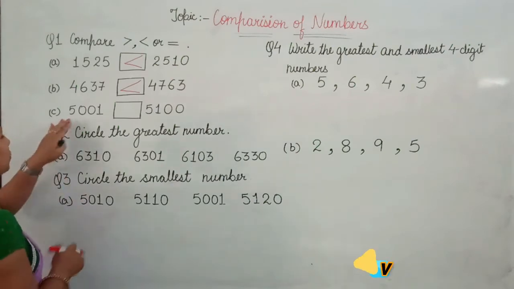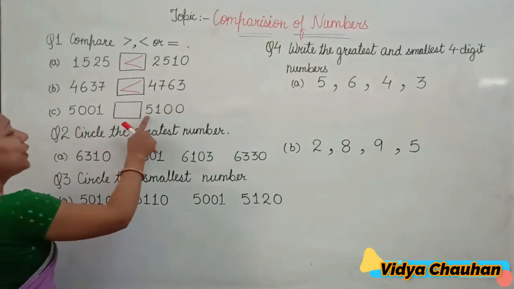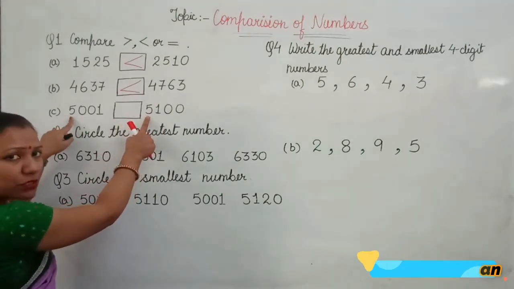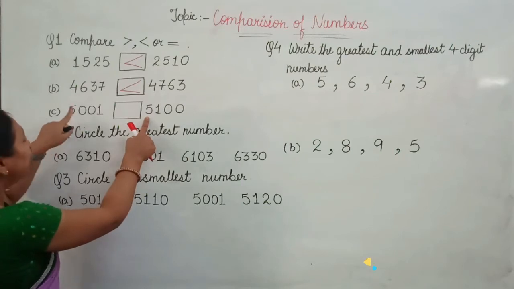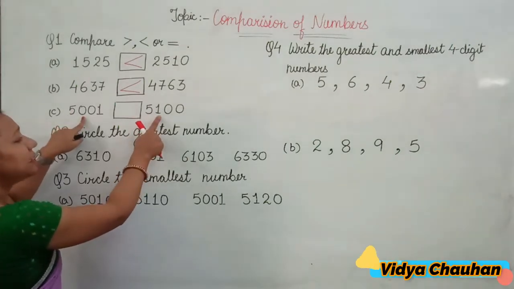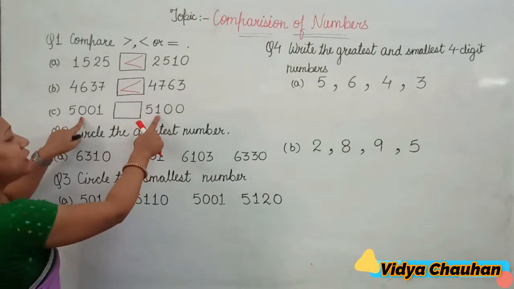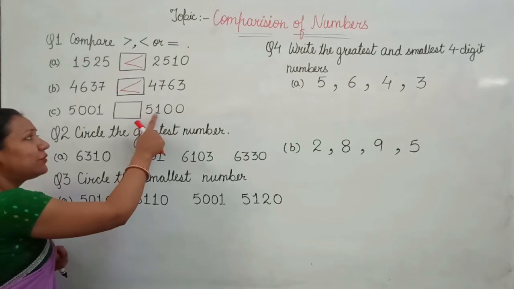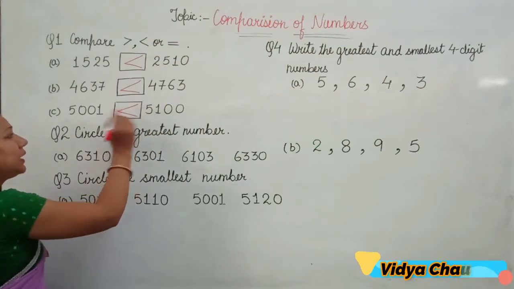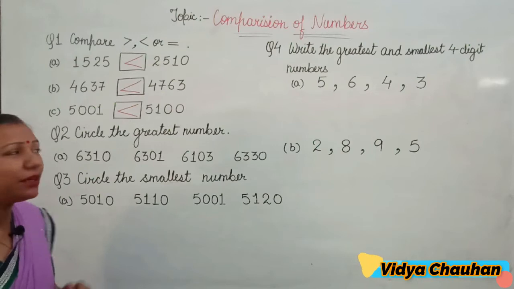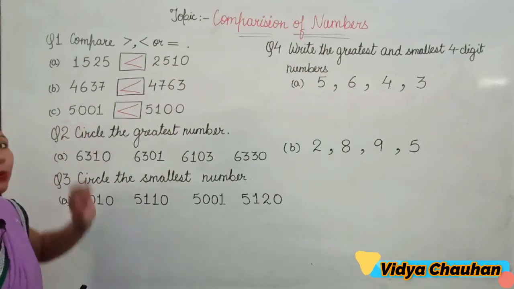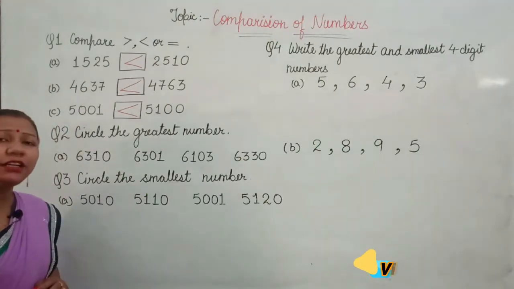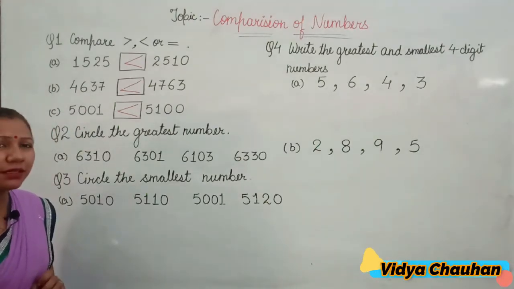Okay, coming to the last one, 5001 and 5100. Once again, when I compare its digit at 1000 place, both are equal. As soon as I compare the next digit at 100 place, here we have 0 and in the next one it is 1. So which number will be greater? 5100. So once again, 5100 is greater than 5001. This is how you can compare the numbers and identify which number is greater.